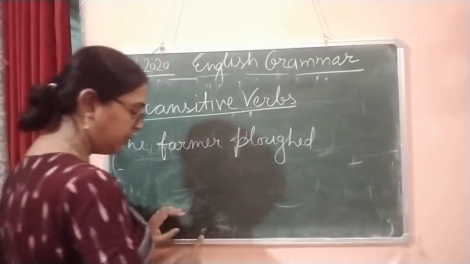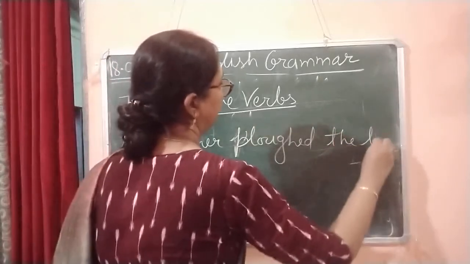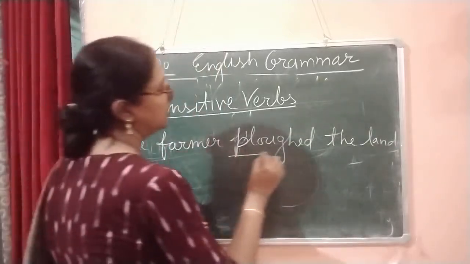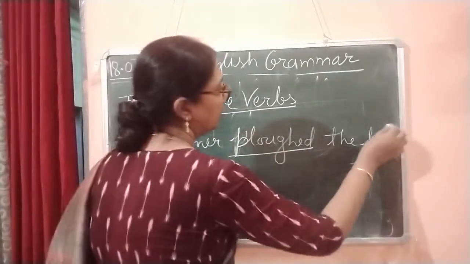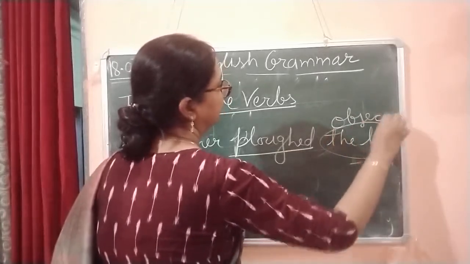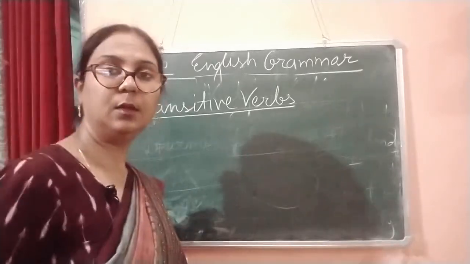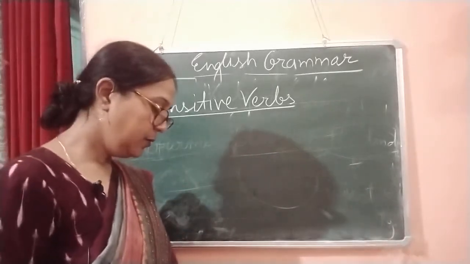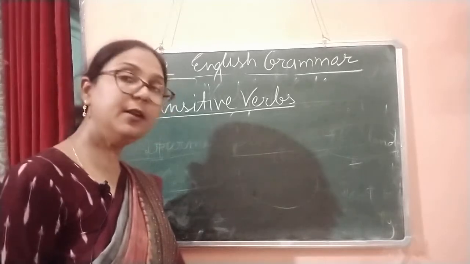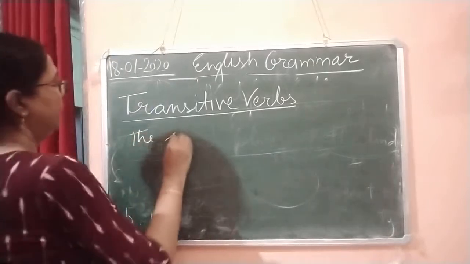Here you can see this is the action, the land is the object. Fourth is the strong wind rattled the window.